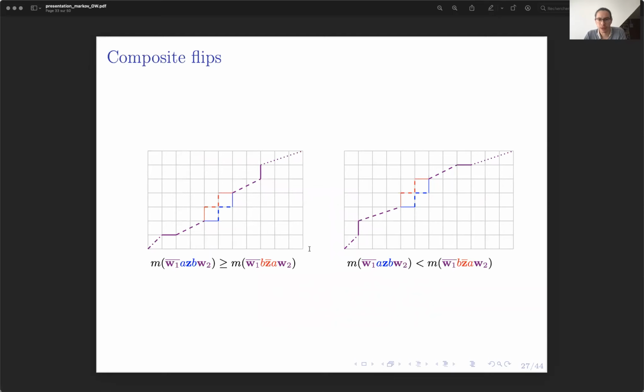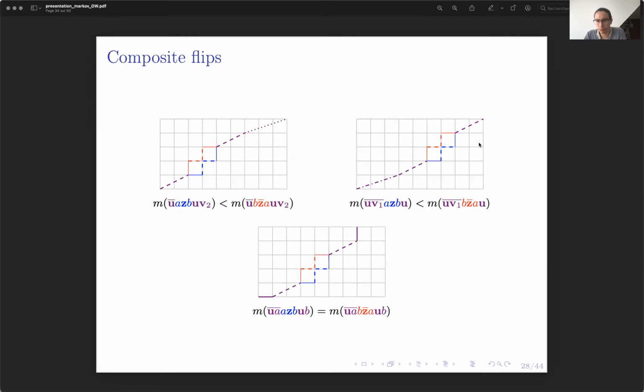And visually, it's this kind of difference. So here, the path, which is purple and blue, is greater than the one that is purple and red. If you go by the M value, it's the reverse in those cases. This one too, and here is the equality case.